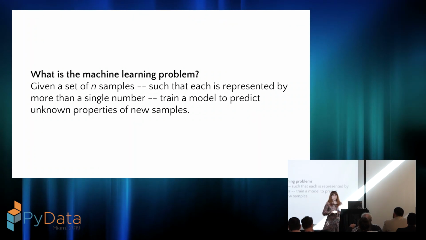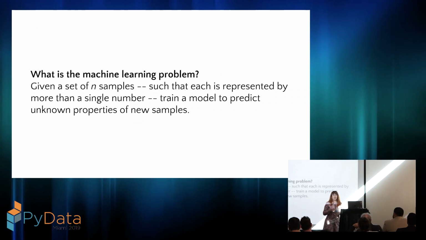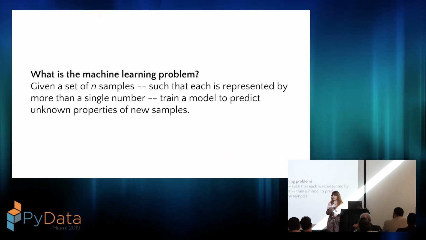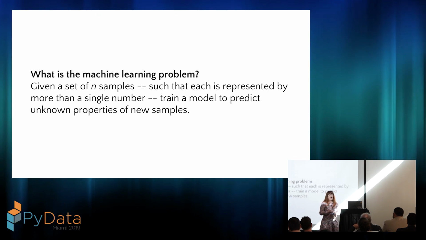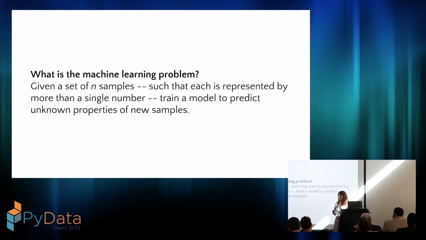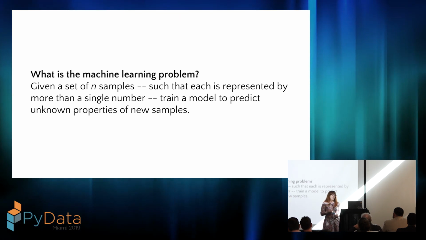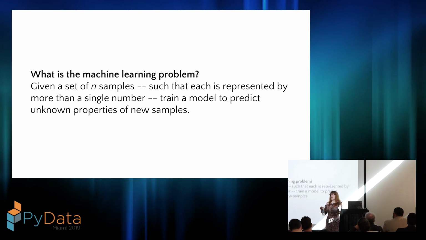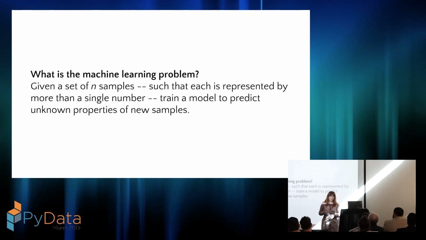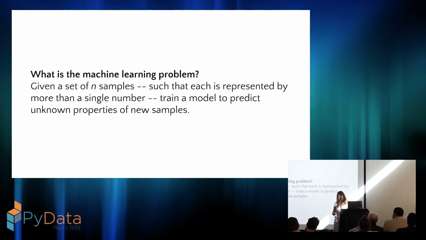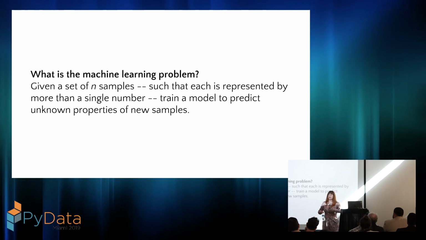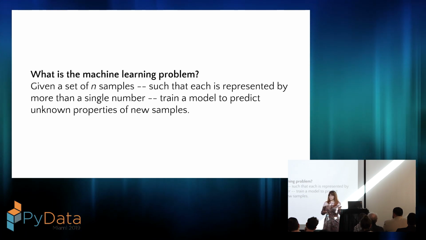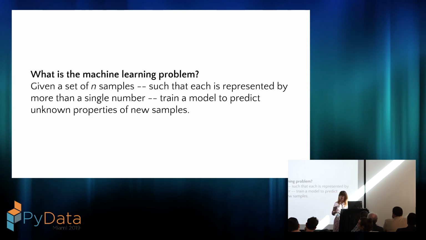So just to make sure we all agree about what we are doing when we're doing machine learning: we have some number of samples of data, and those samples are represented by many numbers probably. What we want to do is train a model that can learn things about those samples and make predictions about new samples that it hasn't seen yet.